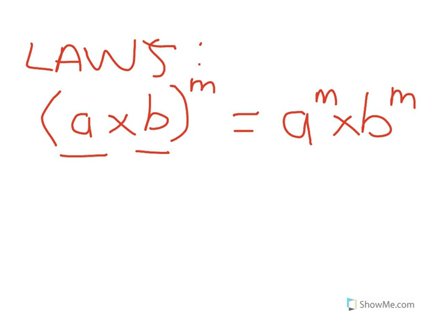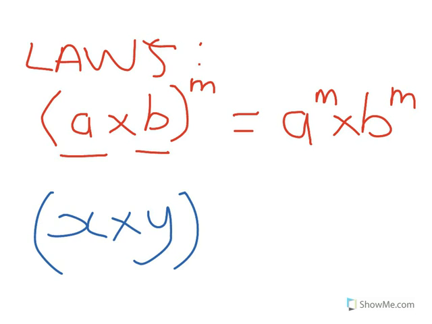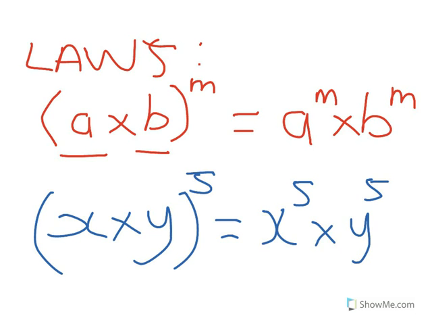For example, if I had x times y to the power of 5, this will equal x to the power of 5 times y to the power of 5. And it's also okay to just write it like this, y to the power of 5 x to the power of 5, without the times in the middle.